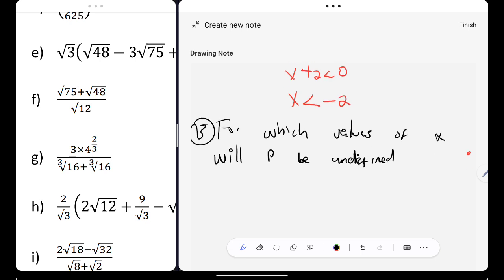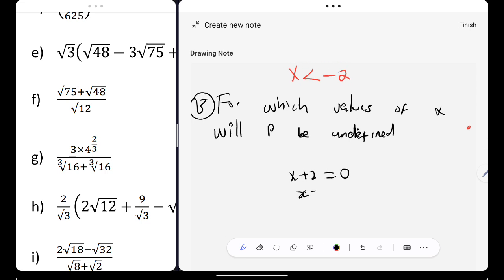All you need to do is to just take that denominator of x plus 2, make it equal to 0. If x is equal to negative 2, p will be undefined. Are you together?